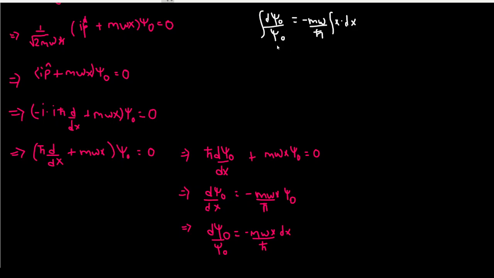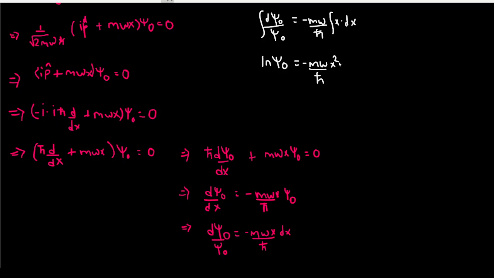So what is the integration of 1 over x? It is ln x. So ln psi naught is equal to negative m omega divided by h-cut times x squared.